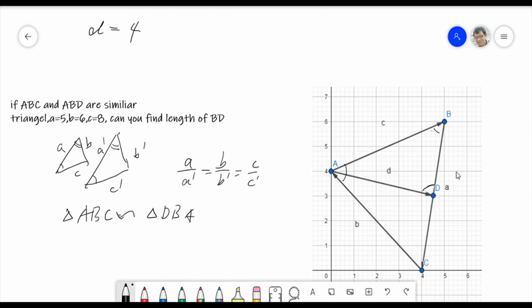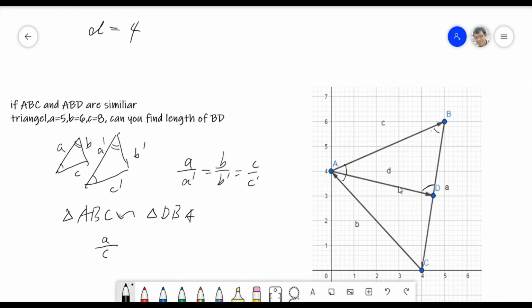DBA. So based on the characteristic of the similar triangle, what can we get? The angle A is corresponding to A, the angle A is corresponding to C, because this angle BAC, the angle A is equal to angle ADB.